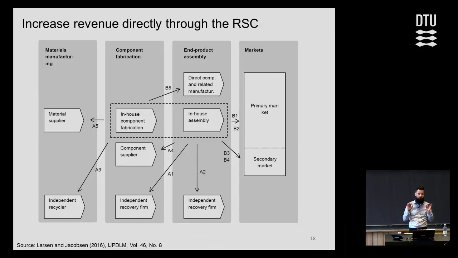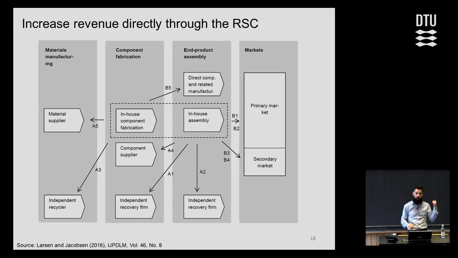So you have a number of different actors: direct competitors and related manufacturers, independent recovery firms, independent recyclers, and component suppliers. These actors are customers of items that the firm can produce through its reverse supply chain. So imagine that the firm takes back used products. The question is then, if we want to sell these items, what are we going to do with them?